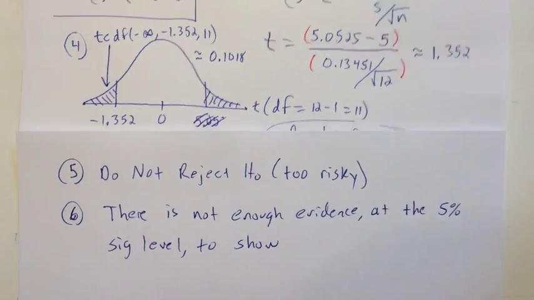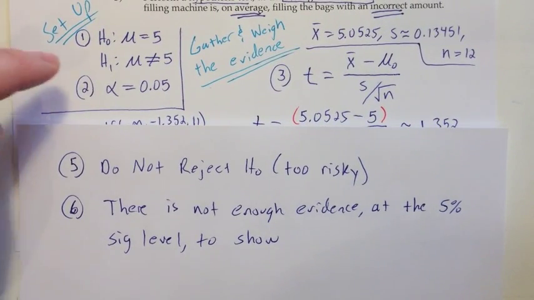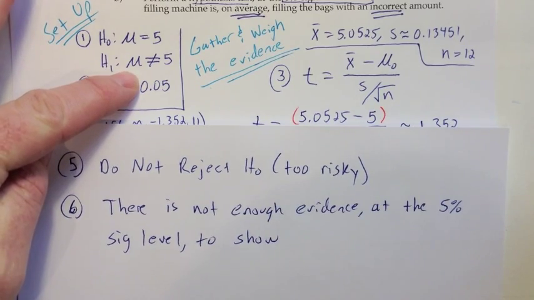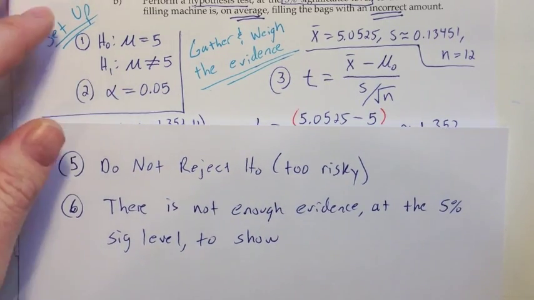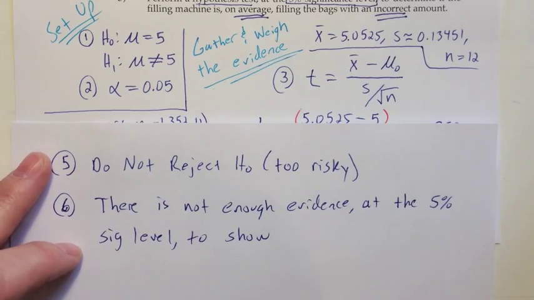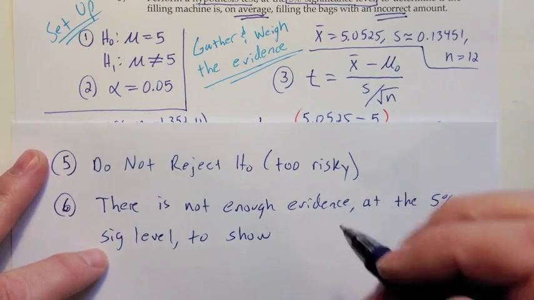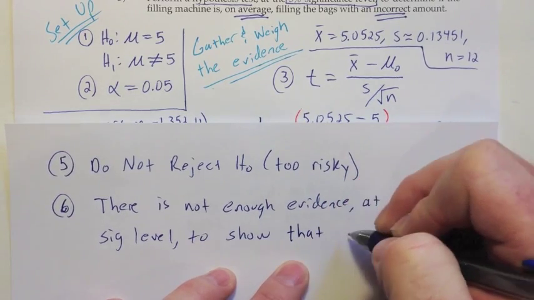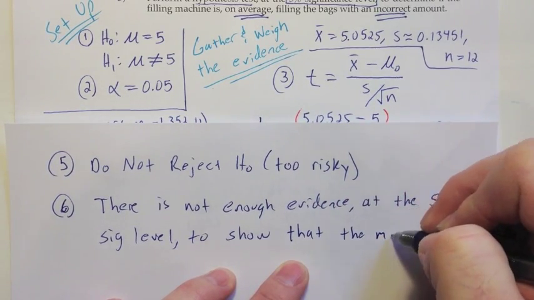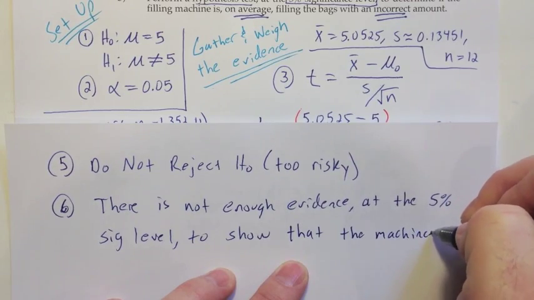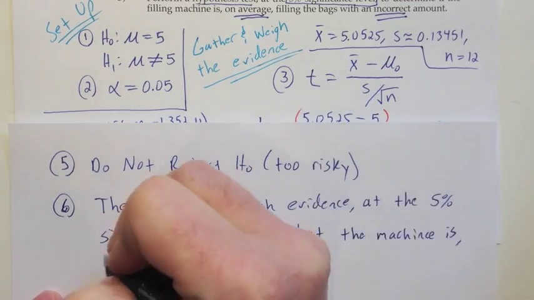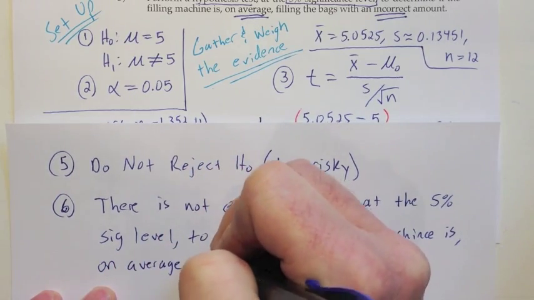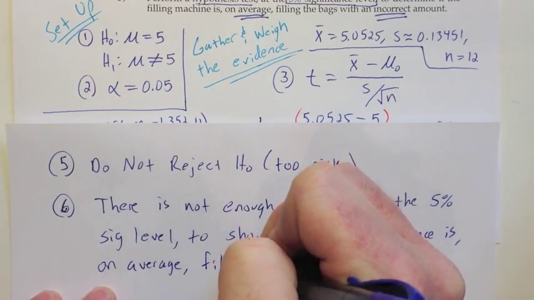We were trying to show H1, and H1 said that the true average amount of rice that's going in these bags is different from 5 pounds. So there's not enough evidence at the 5% significance level to show that the machine is, on average, filling the bags with an incorrect amount.